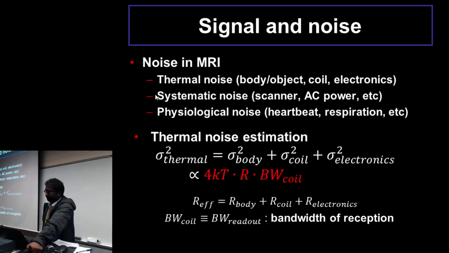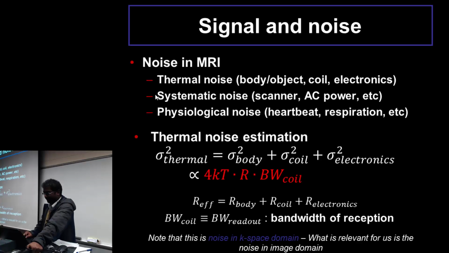That's one thing that you have control over, right? You can change your bandwidth by changing your gradient or your sampling delta t rate, etc. But note that this is actually the noise in k-space that you're sampling, or that you're obtaining, not the noise in the image domain.